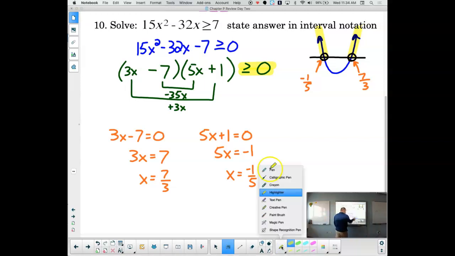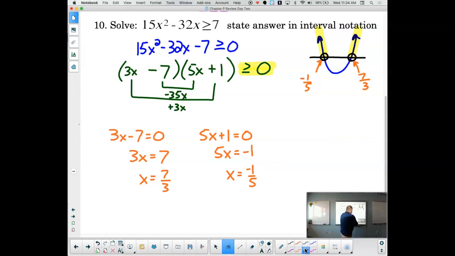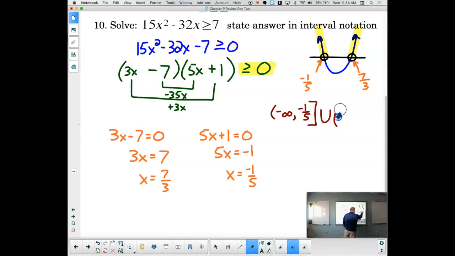So in terms of the interval, that would be from negative infinity all the way up to negative 1/5. It would be bracketed because it's an equals case, unioned with 7/3 all the way out to infinity.